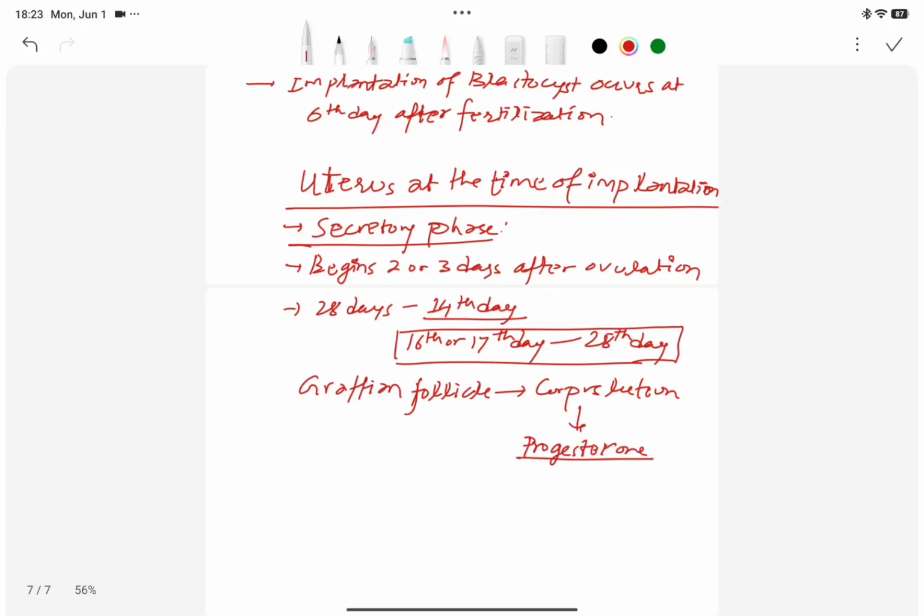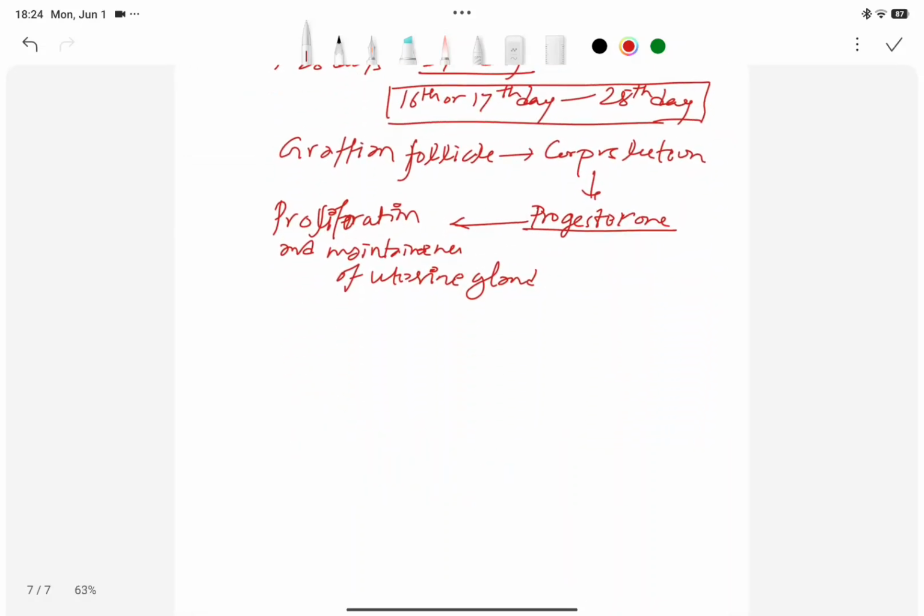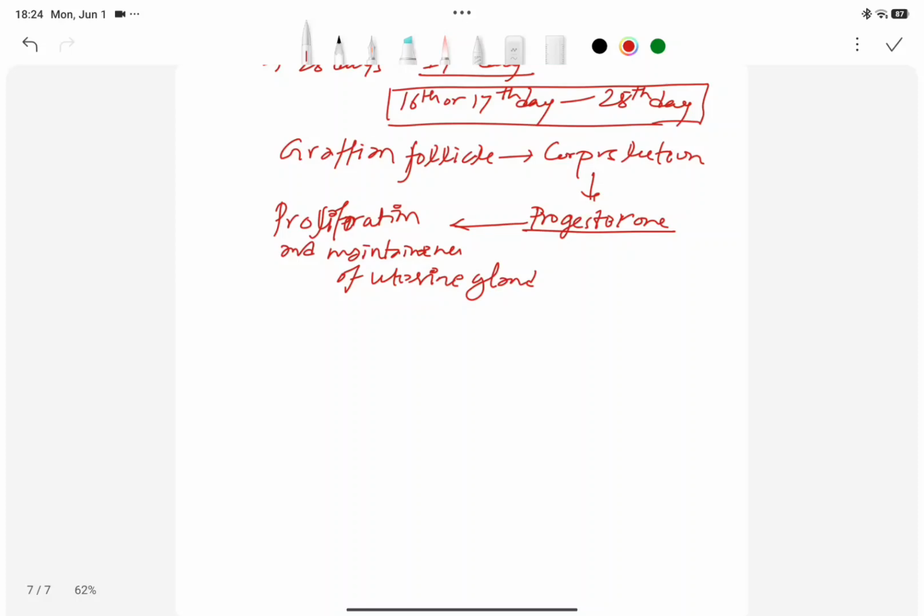That progesterone helps in the proliferation and maintenance of the uterine glands, and helps in the increase in thickness of the endometrium.